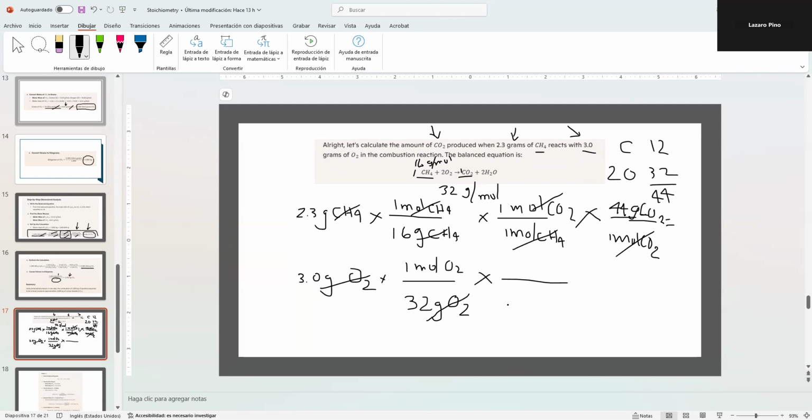In this case, you say, well, the ratio between moles of O2 and moles of CO2, you go to the question, you say, oh, 2 moles of dioxygen produce 1 mole of carbon dioxide, in such a way that you can cancel this with this, and later, using the molar mass of carbon dioxide, you can calculate the grams of carbon dioxide that can be produced from 3 grams of dioxygen.